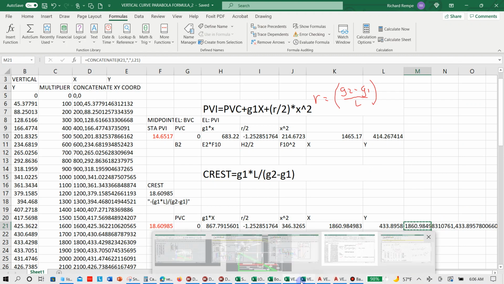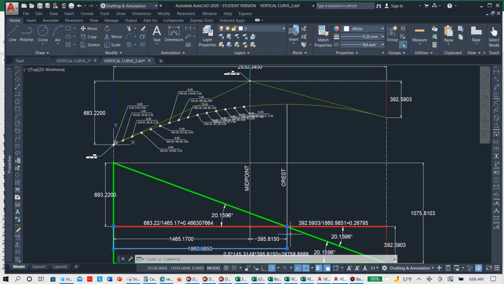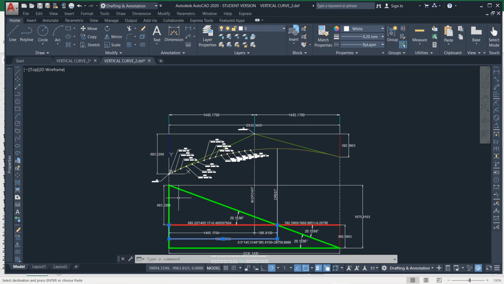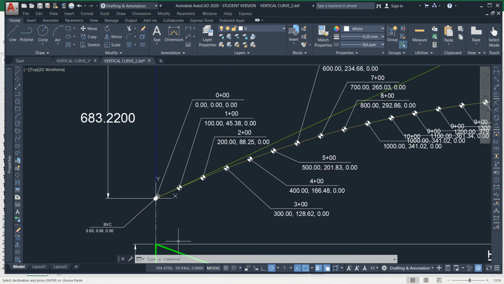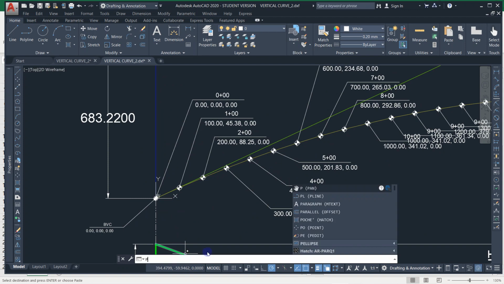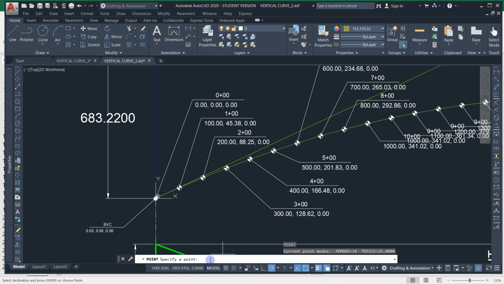Then we went to the AutoCAD, and we could type in, and we had to scale it again. And then just draw a point, P, point, and then paste that, Control V, enter. Then we have to highlight that.